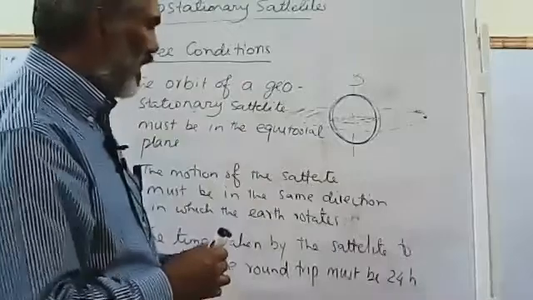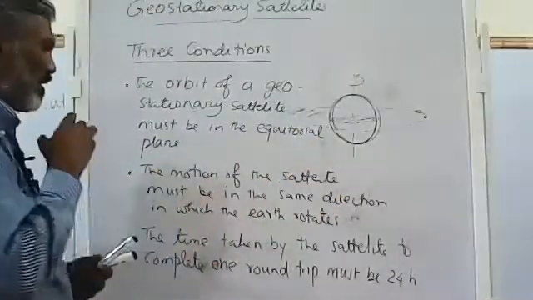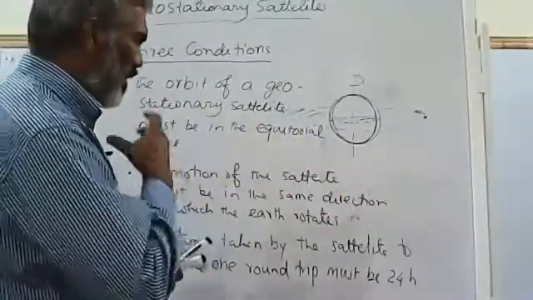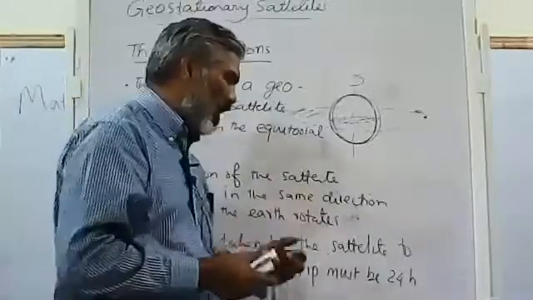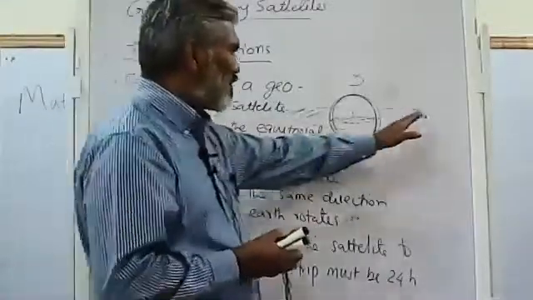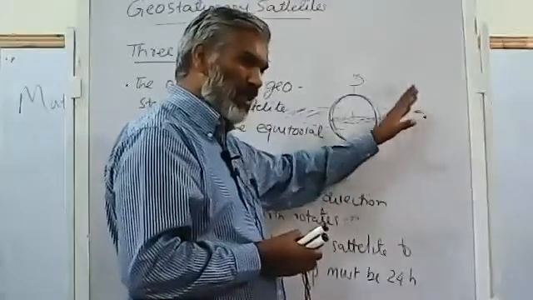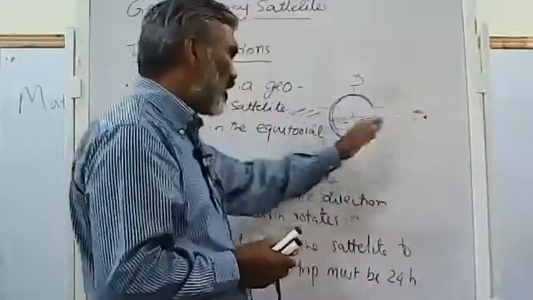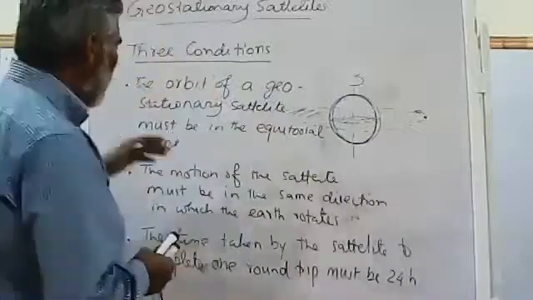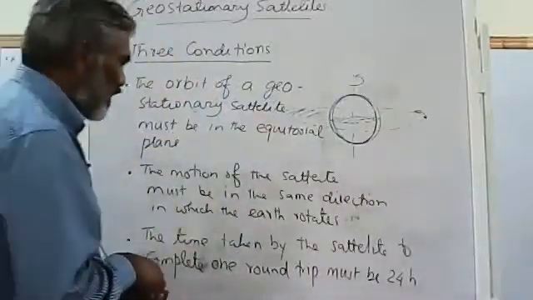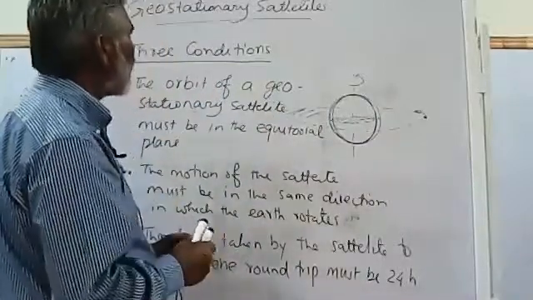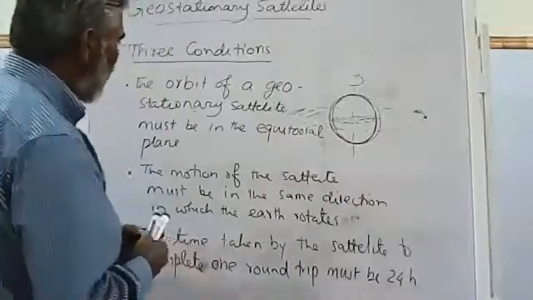So if Earth is completing one rotation in 24 hours, this satellite will be geostationary if it takes exactly 24 hours to complete one round trip. So these are 3 conditions for geostationary satellites.